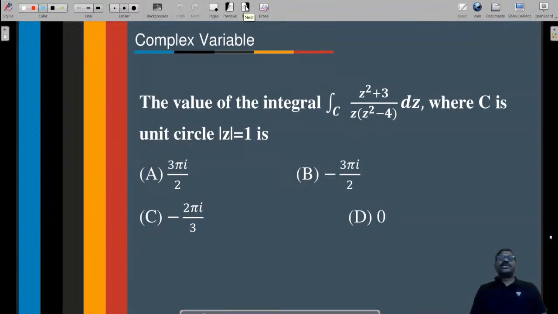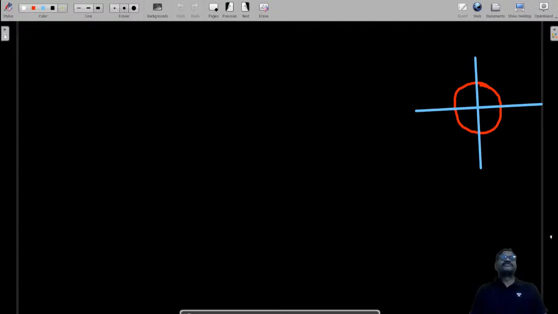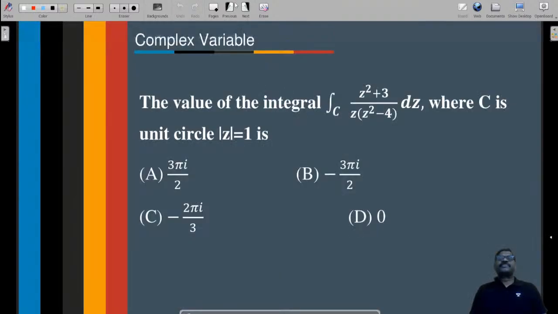Z equal to 0 is one singular point, and it lies inside.